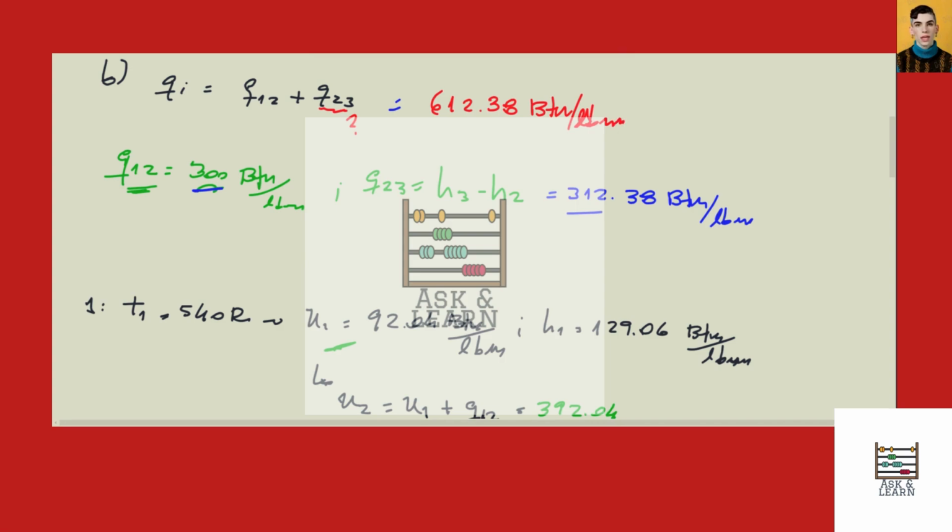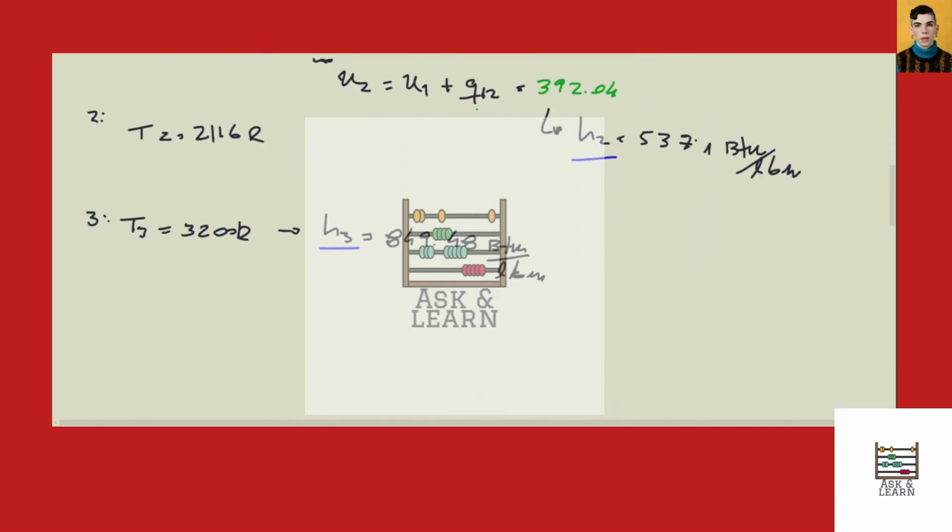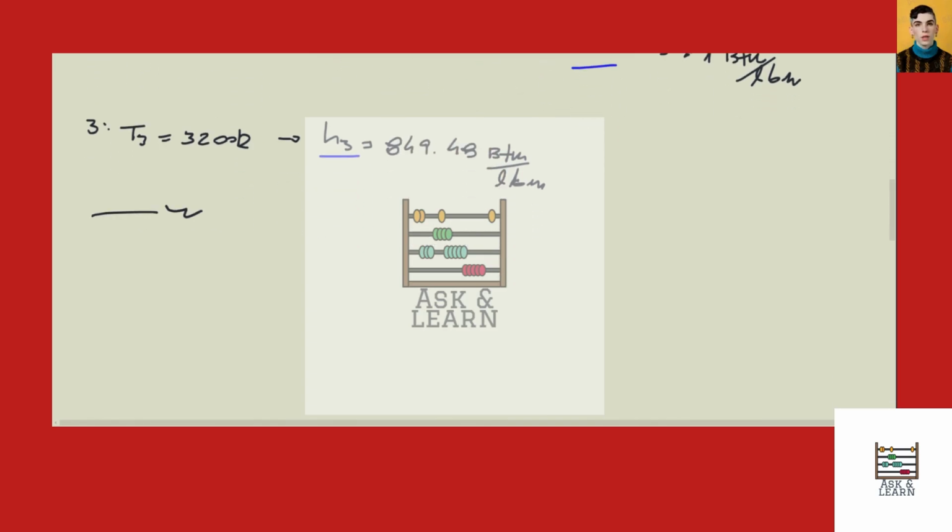And finally, the last item of this problem, we have to calculate what is the efficiency of this cycle. So the efficiency is just 1 minus the output heat divided by the input heat. So Qout divided by Qin.